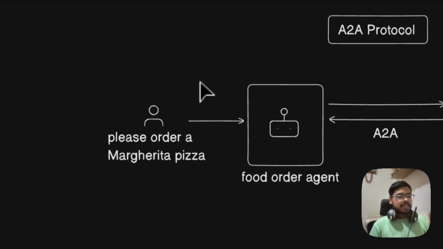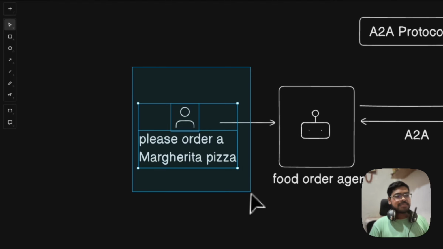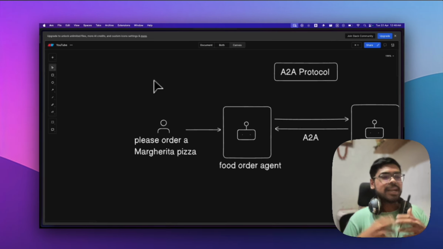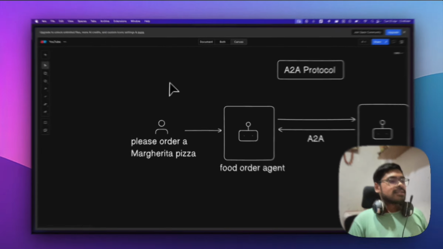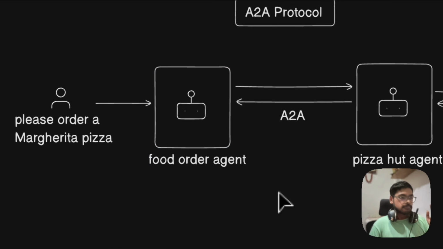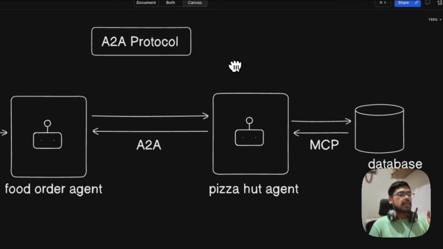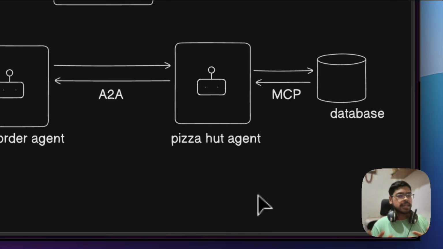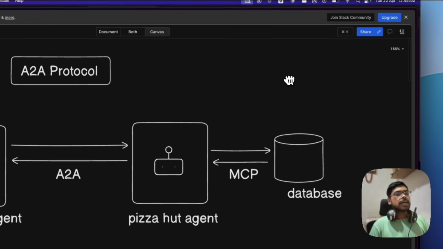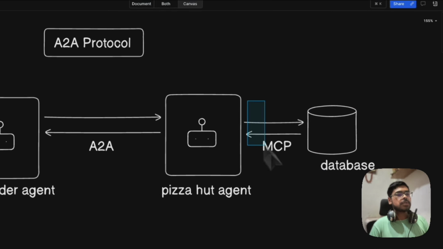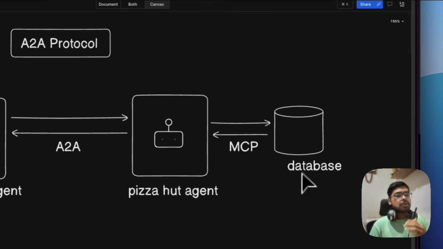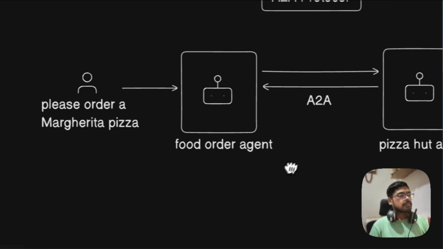Suppose this is me, and I want to order one margherita pizza. I have one food ordering agent with me. Pizza Hut also has an agent, the Pizza Hut agent, and it is using its database with an MCP tool. The Pizza Hut agent uses MCP for tool calling its database. Okay, simple.